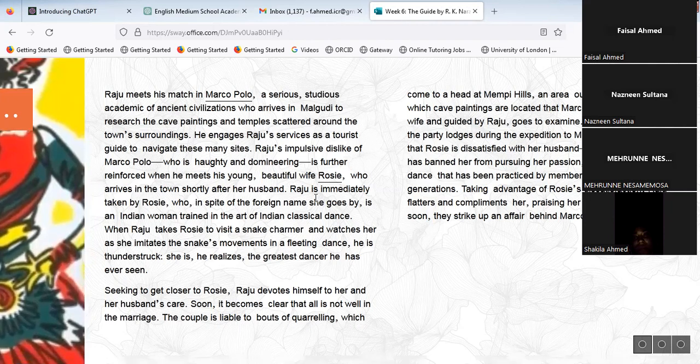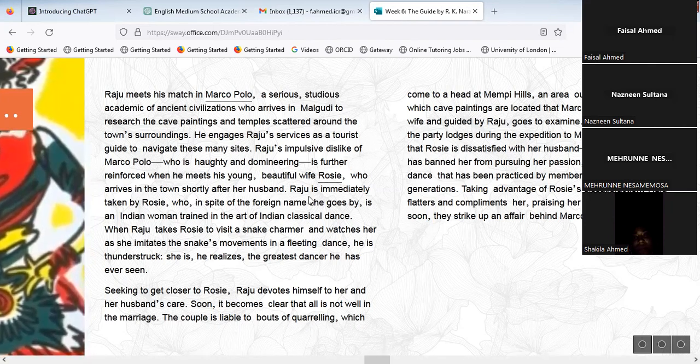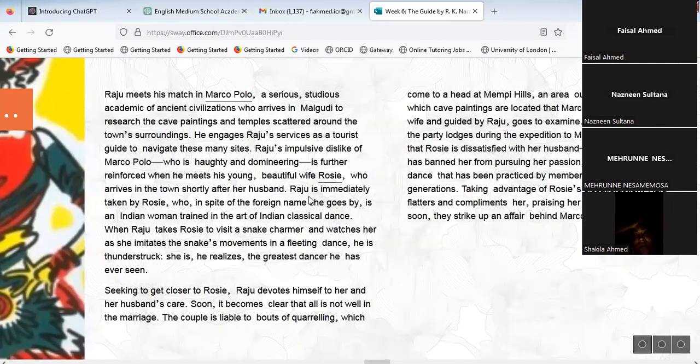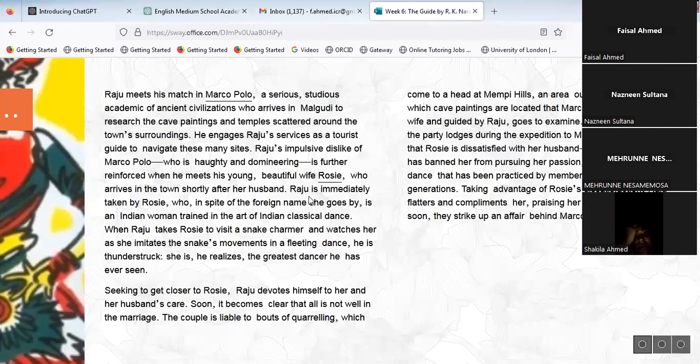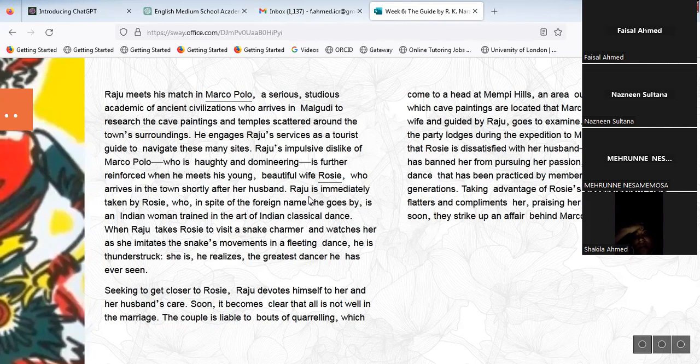So Raju was hired by Marco Polo, but he didn't like Marco Polo due to his studiousness and also his dominating character. But Raju liked the researcher's wife, who is called Rosie or Nalini, an extraordinary dancer, and her nationality is Indian.